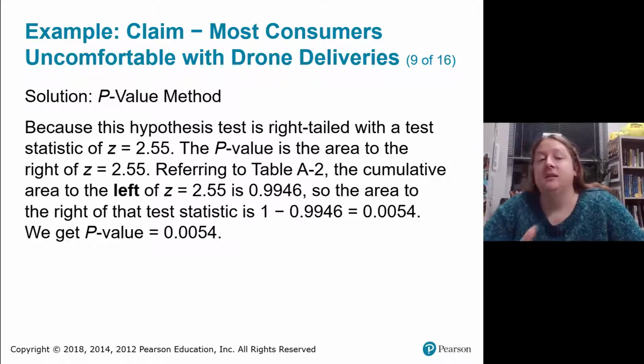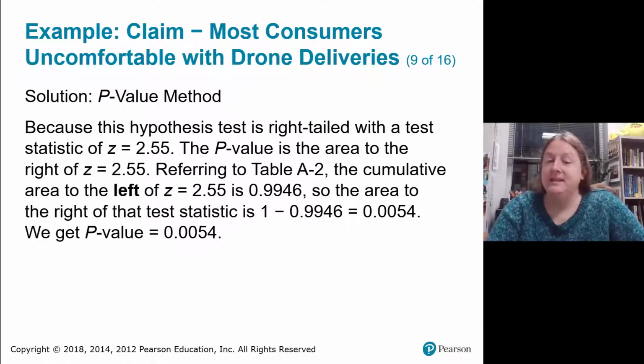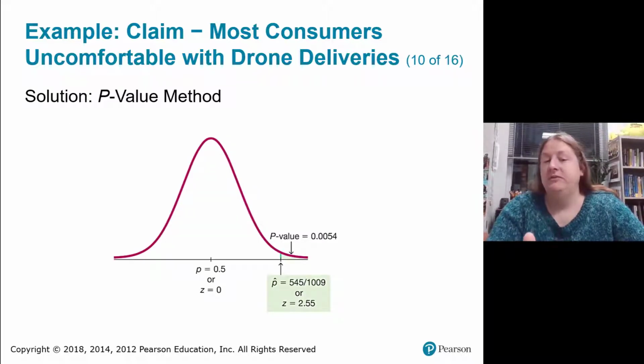To find the area to the right, we take 1 minus 0.9946 and get 0.0054. So our p-value is that, the area to the right under the curve. That's the same p-value that technology gave you. And here's a visual of what the p-value looks like in our normal distribution.